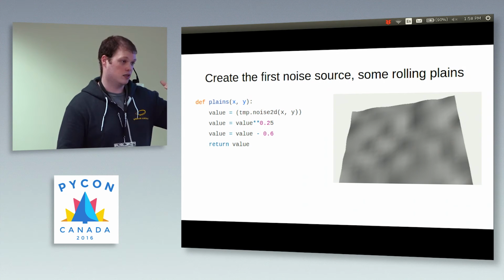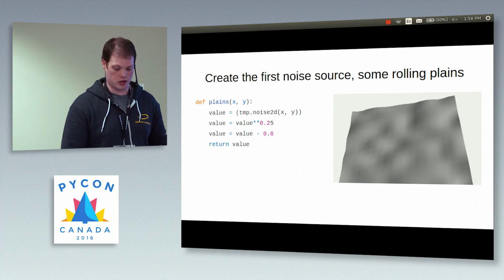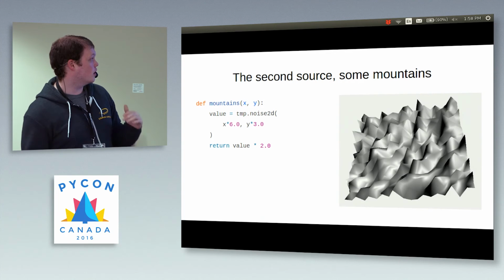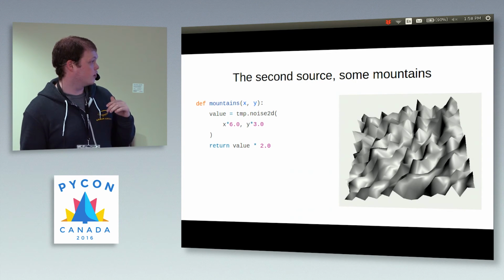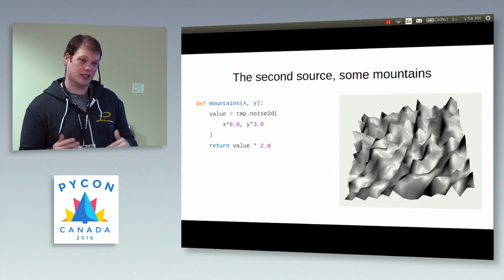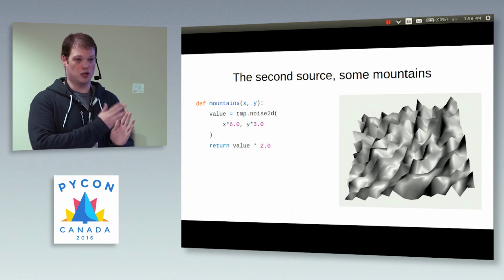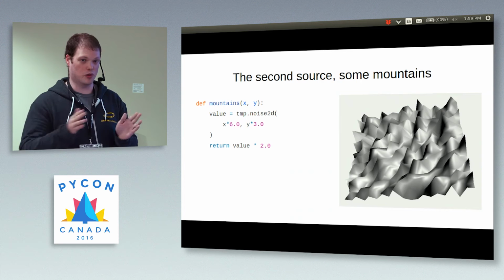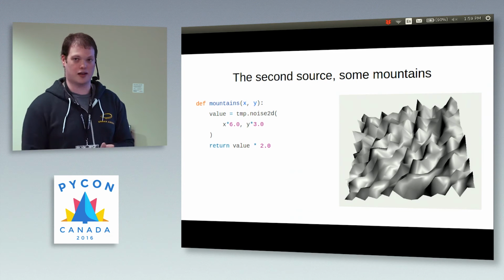So we will basically raise it to 1/4 and then apply a scalar filter to just drop it down so it's closer to the bottom. And then for mountains, we're basically just going to increase the frequency, similar to how we did it with the sine wave. If you multiply the input before you apply it, it'll make it more noisy because it'll move through that noise space a lot faster.